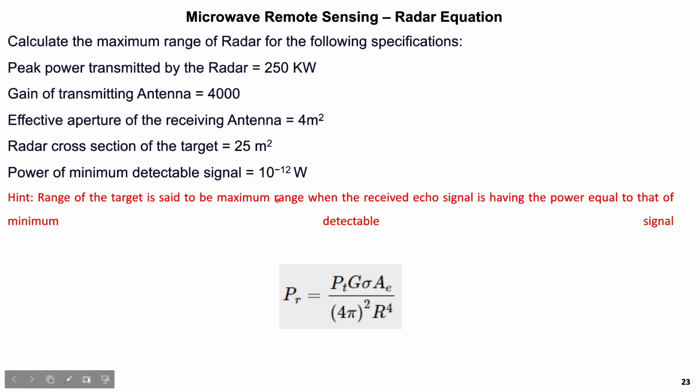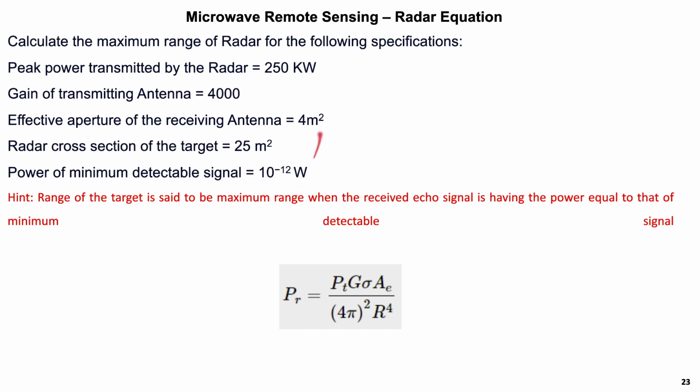So we will solve one problem from two problems for the radar equation. So if you see, the transmitting power is 250 kilowatt. It is very high. And if you see the receiving signal, that is 10 to the power of minus 12 watt.